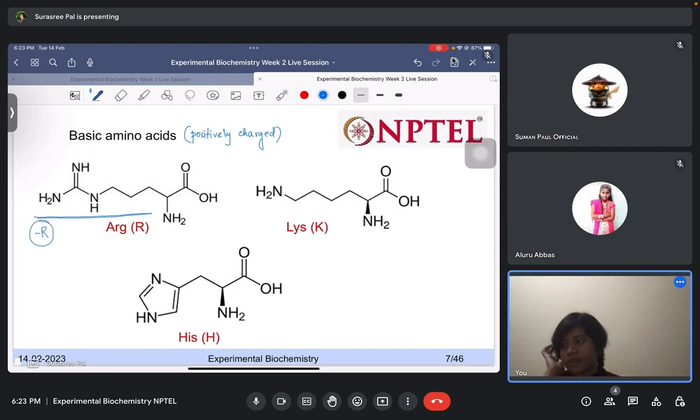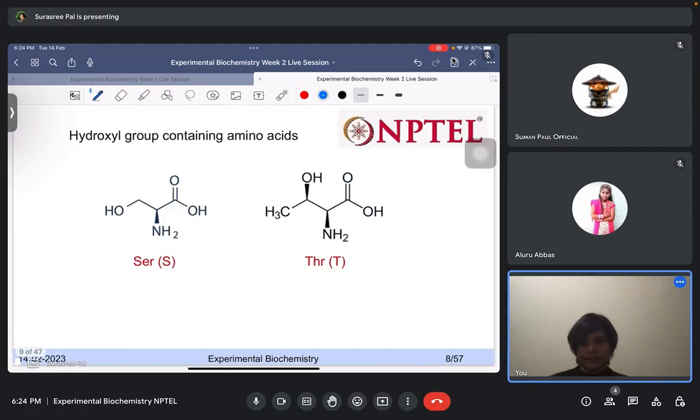Here you can see that there are multiple nitrogen or amino groups present, so that makes the amino acid basic. Arginine, next is lysine. Lysine also has a similar structure, and this is histidine. In histidine, there is a ring structure which also contains extra amino groups, right? So these are the basic amino acids: arginine, lysine and histidine.